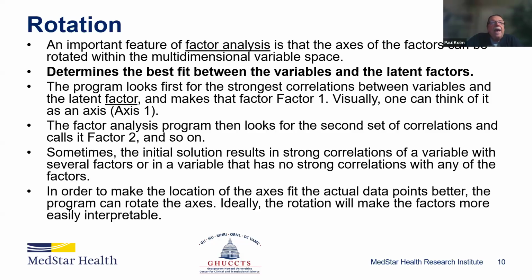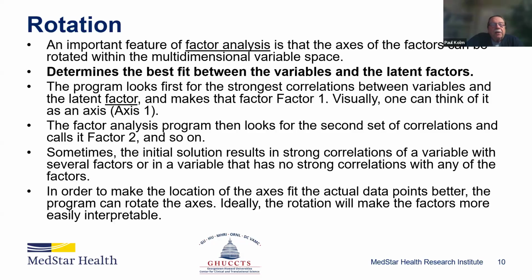Visually, you can think of it as axis 1. And then it looks for the second set of correlations that are the second best, and so on. So factor 2 we call axis 2. And if you have factor 3, then we've got axes 1, 2, and 3, which then gets difficult to plot because you're in multidimensional space.